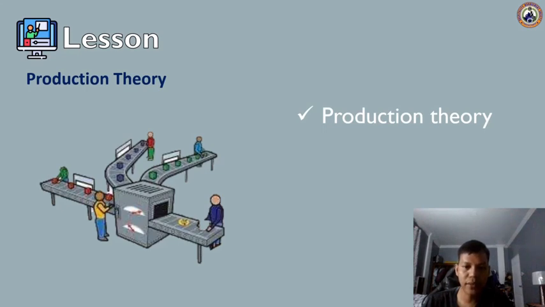It defines the relationship between the price of the commodities and the production factors on one hand, and the quantities of these commodities and productive factors that are produced on the other hand. So that is the production theory.